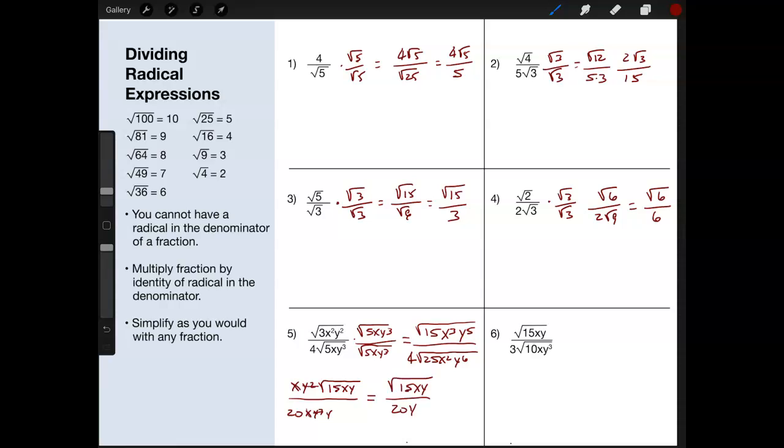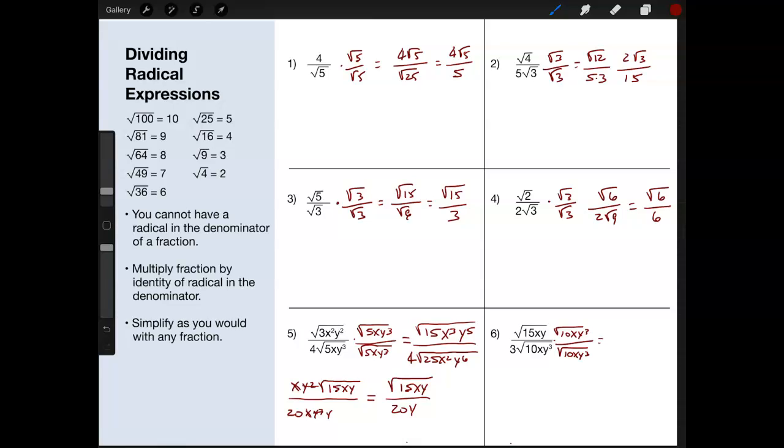For example 6, we have the square root of 15xy divided by 3 times the square root of 10xy cubed. We follow the same procedure and multiply the top and the bottom by the square root of 10xy cubed over the square root of 10xy cubed.